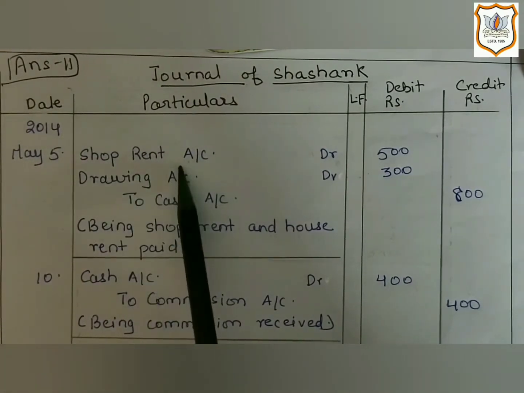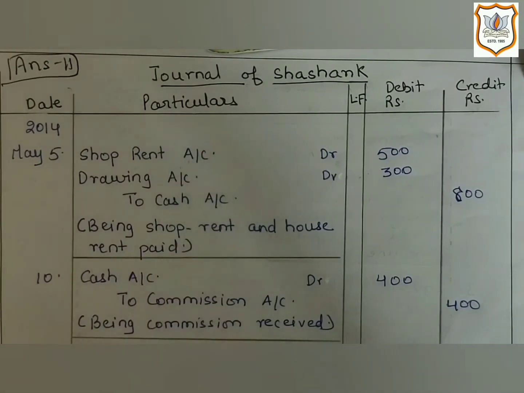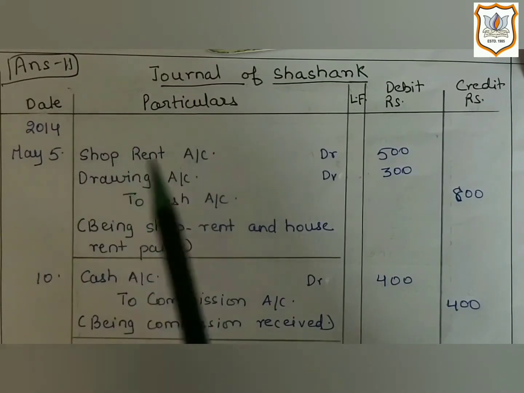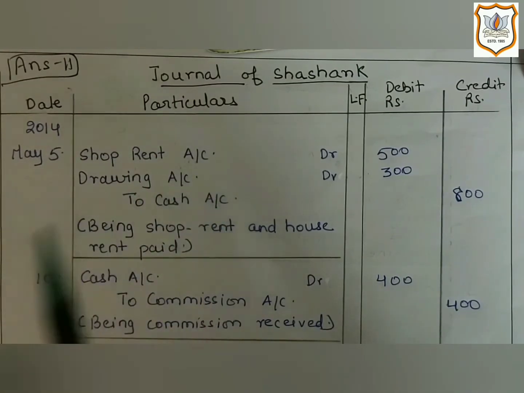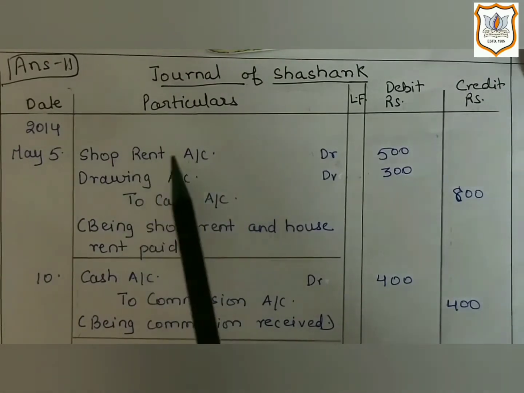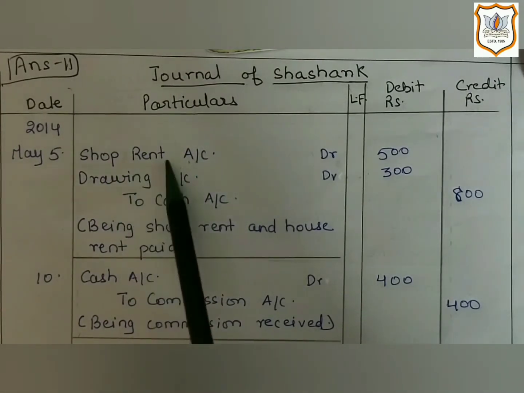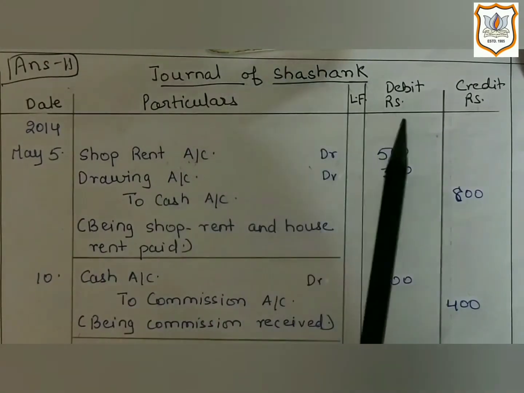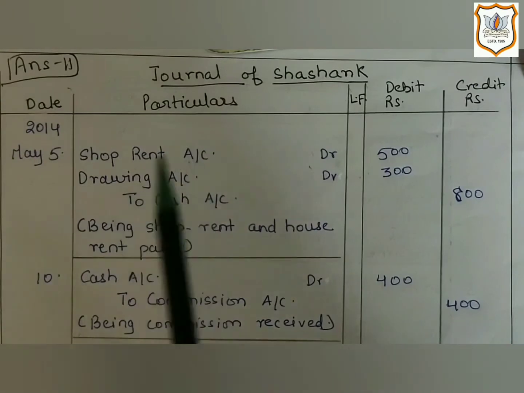As shop rent is business expense. As it is an expense for the business, so it will come under the rule of nominal account, which says debit all expenses and losses. So as it is an expense, that's why shop rent will be debited by rupees 500.